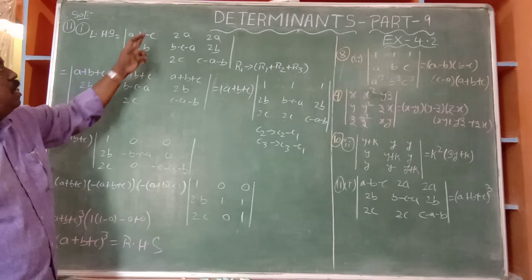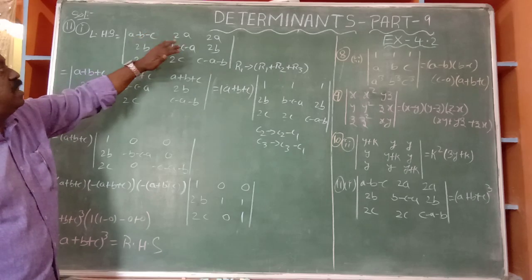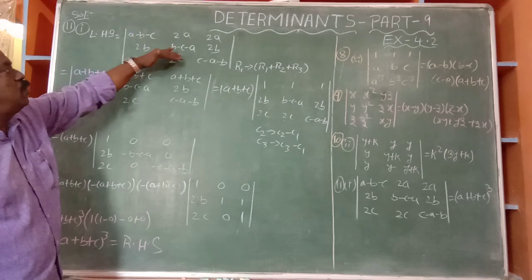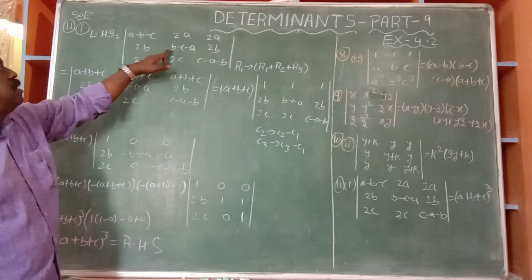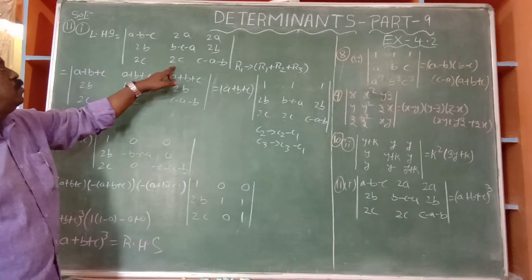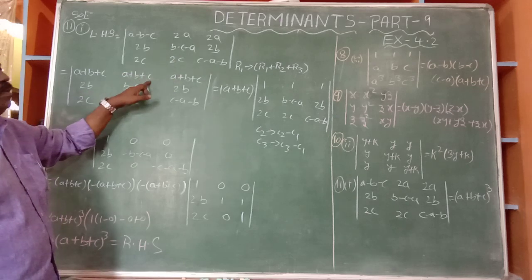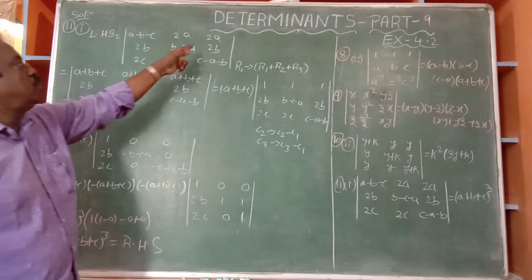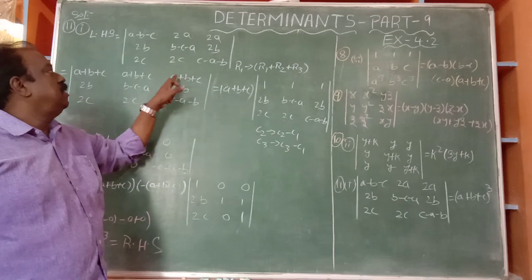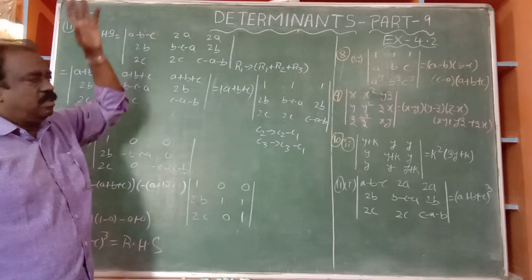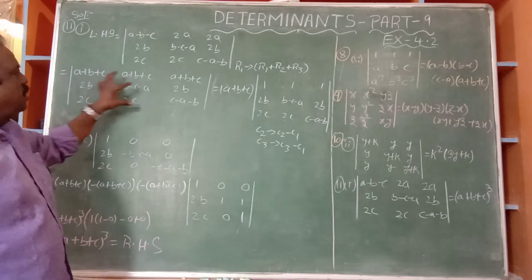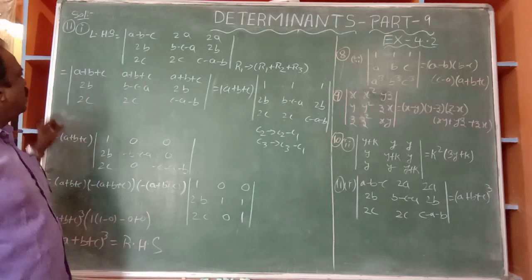Here also, 2a minus a, adding row 2 and row 3, is plus a, plus b, and 2c minus c is plus c. Here also 2a minus a, 2b minus b, b plus c. The remaining two rows are as they are.